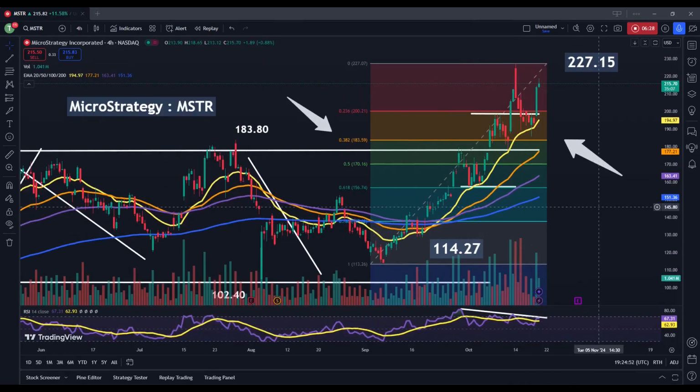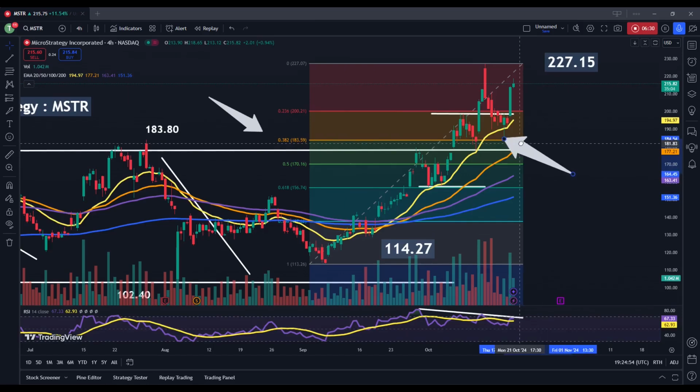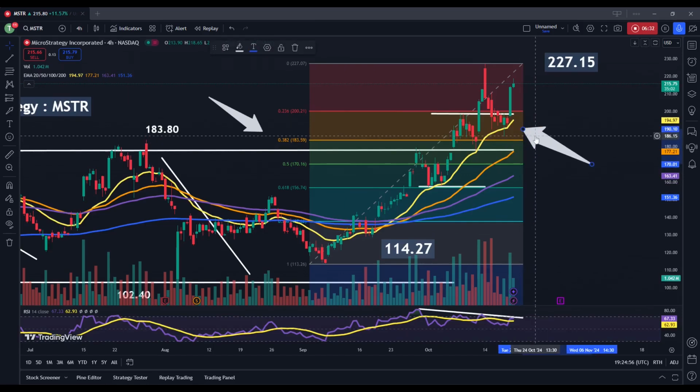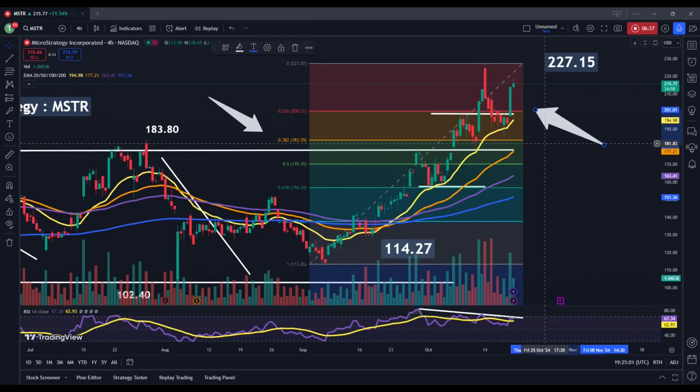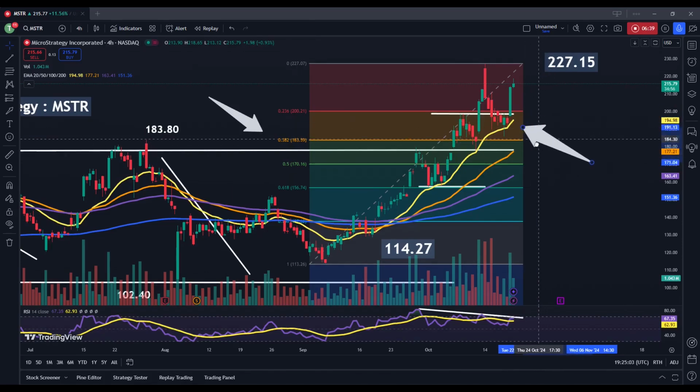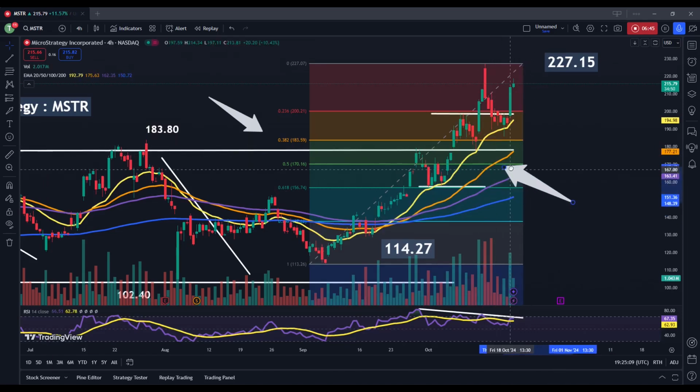So I think these are bearish signals, but I wouldn't lend a huge amount of credibility or credence to those at the moment. Specifically, what we're looking at here is a near-term support zone that comes in right around 186. So I think that if we see a break below 186, we're going to start to threaten that 38.2% Fibonacci retracement zone, as well as this orange line here, which is starting to move right into that same area. That is the 50 period EMA.